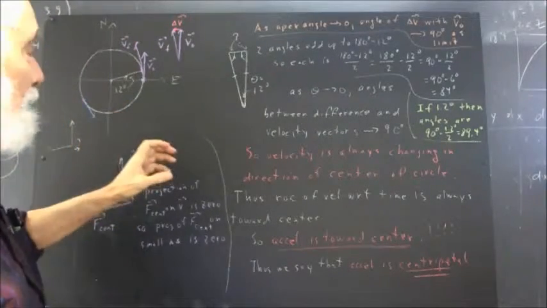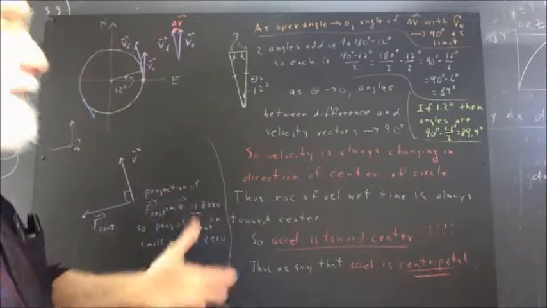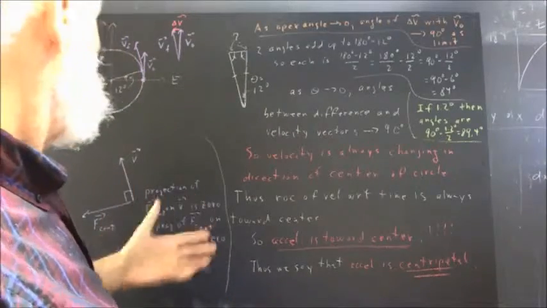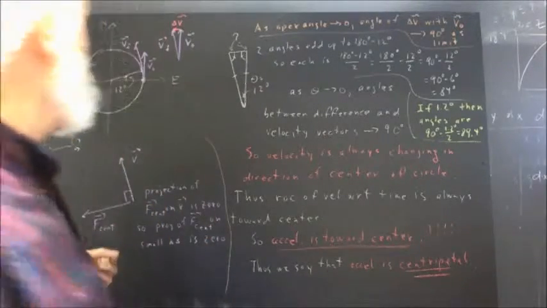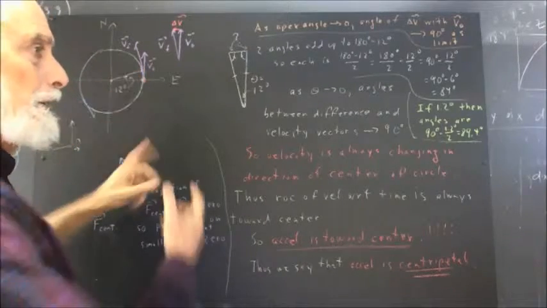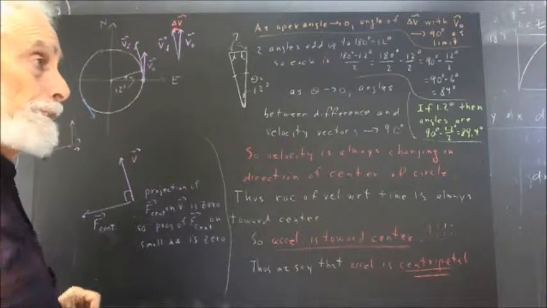So the delta v, in an instantaneous, I want to try not to use too much terminology from calculus, but in any given instant, the velocity is changing in a direction perpendicular to the velocity.